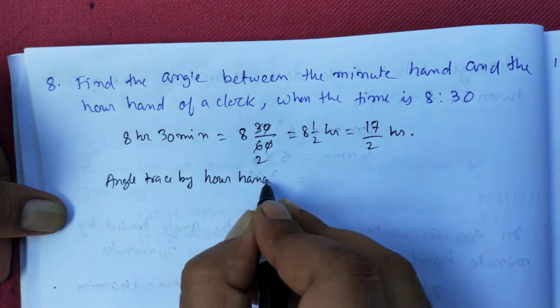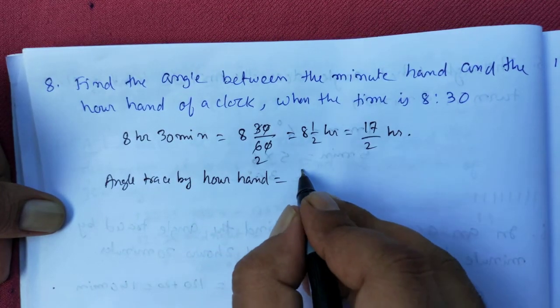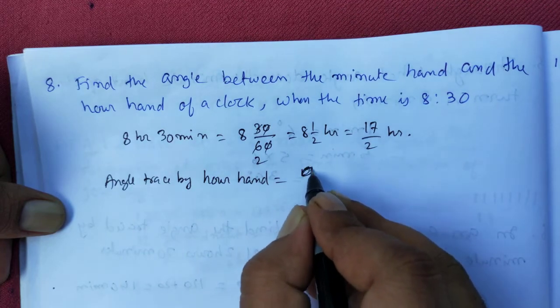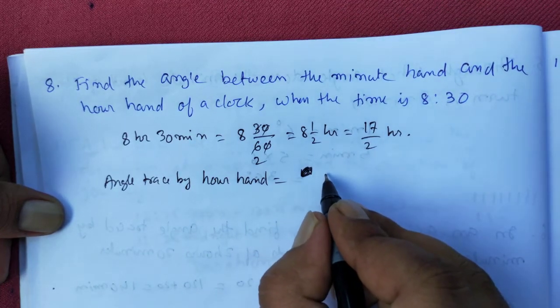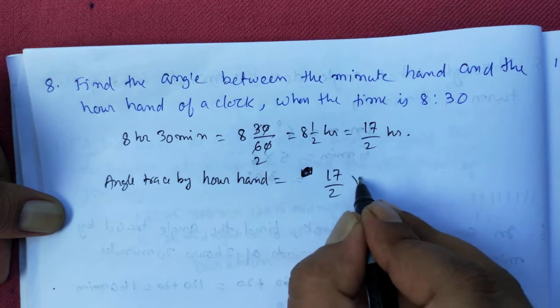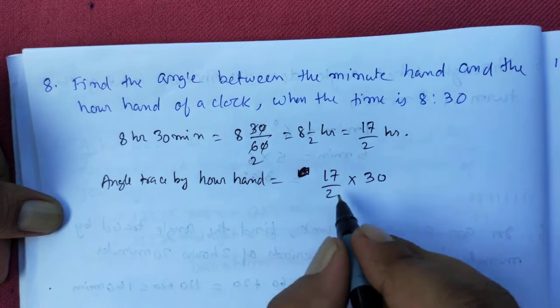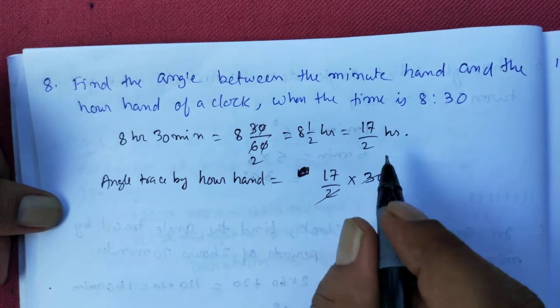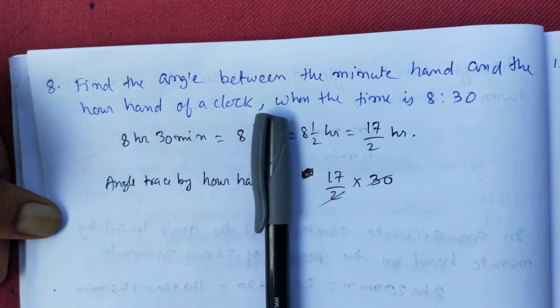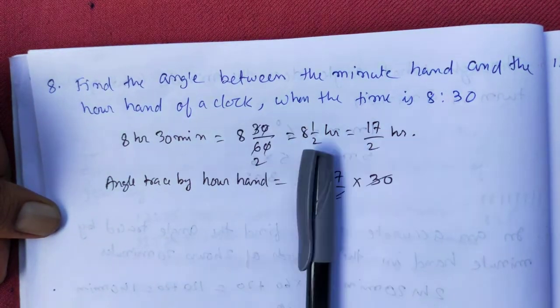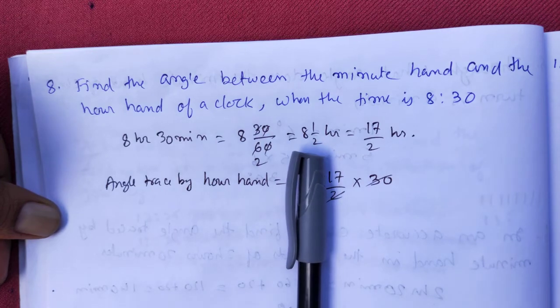Since this is 17 by 2 hours, 17 by 2 into 30. Remember, in 1 hour the hour hand moves 30 degrees. I've explained this in the introduction video.